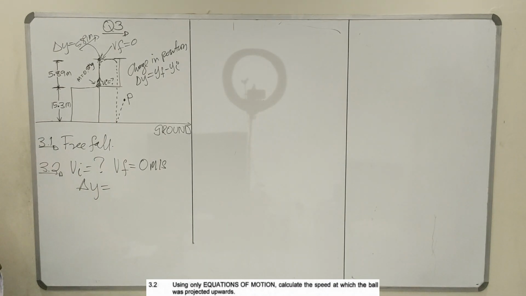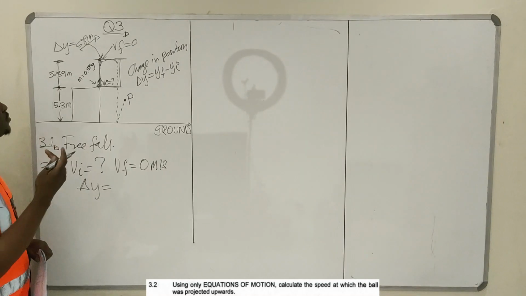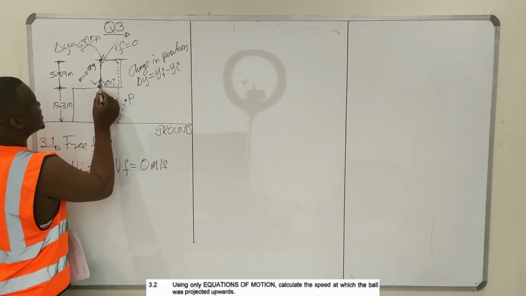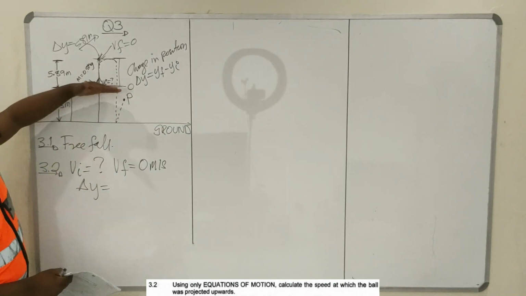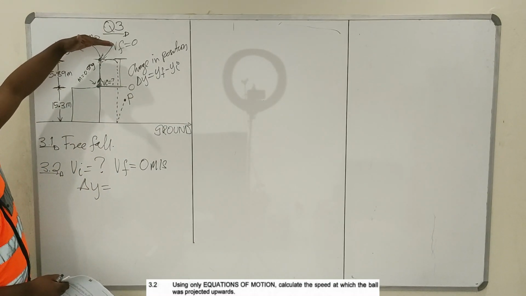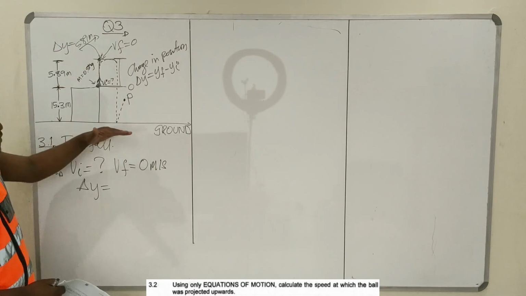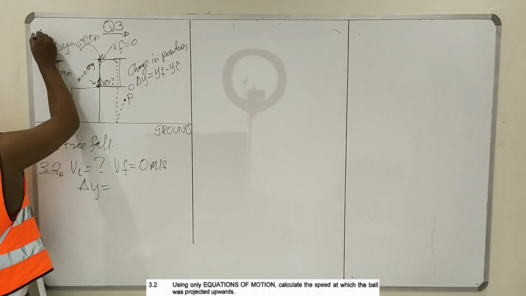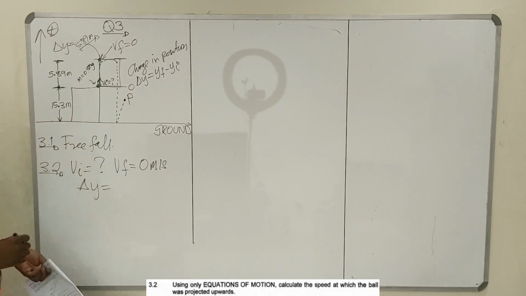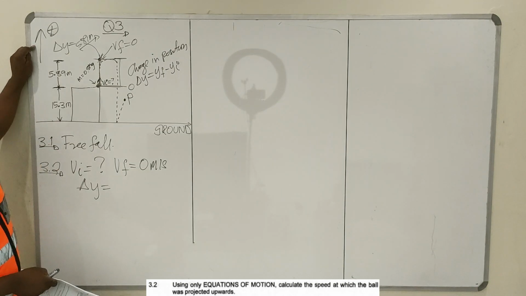So this is what I always do. The point where I started, I take it as the 0 reference. All displacements above here are positive, and all displacements below are negative. I will also take my upward motion as positive.